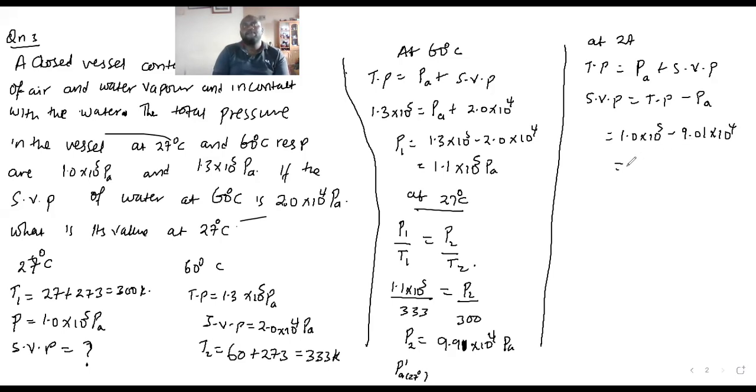So what do we get? 9.9 times 10 exponent 3?